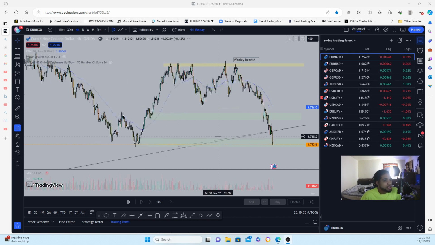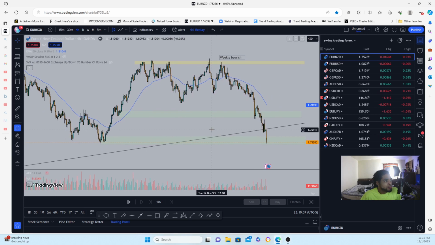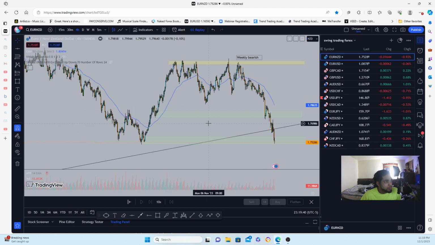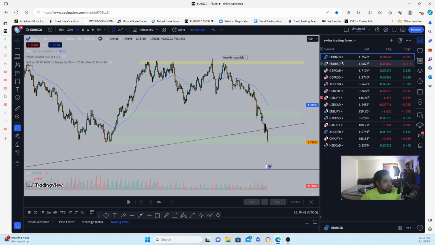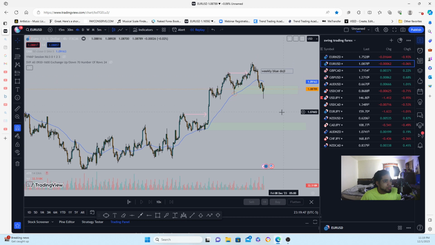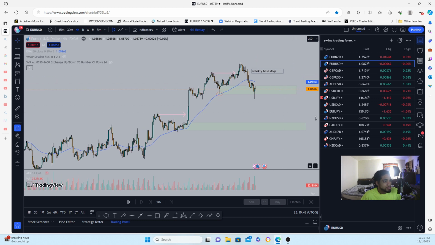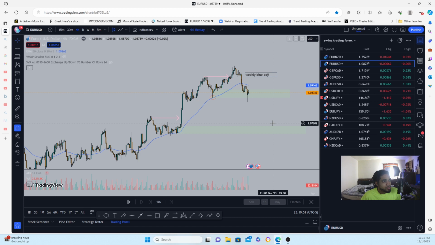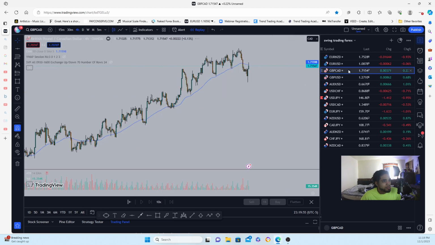So here's Euro New Zealand. Didn't really do much. Euro USD. GBP CAD.